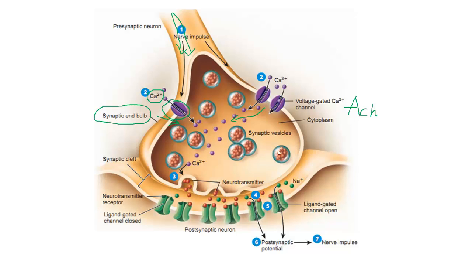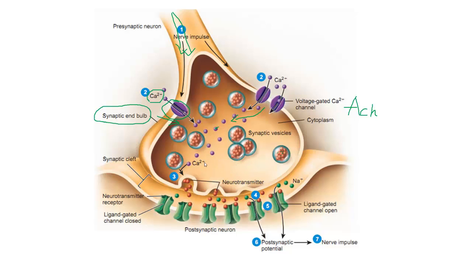So in this illustration, these bubbles with the red beads inside it are vesicles containing the stored acetylcholine. As soon as there is an influx of calcium ions inside of the cell, which are these purple dots, the exocytosis of acetylcholine is initiated.